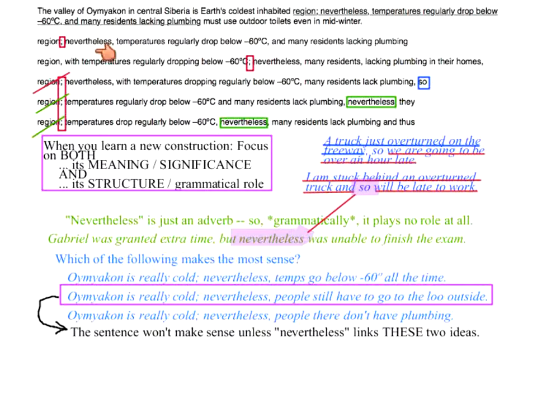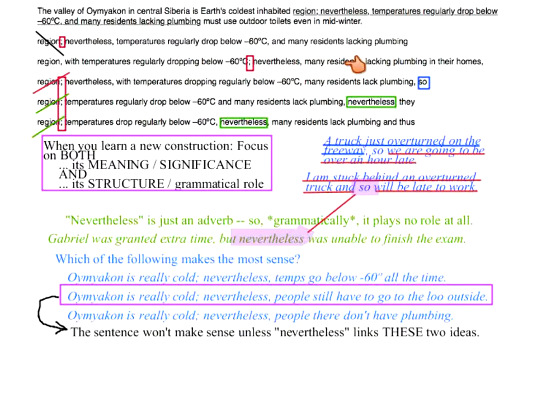So let's see what nevertheless links up here. Well, in A you've got "Oymyakon is cold, nevertheless temperatures drop below this value." That's number one there. That doesn't make sense. That's not a contrast. Choice B, "Oymyakon is very cold, blah, blah, blah, semicolon.